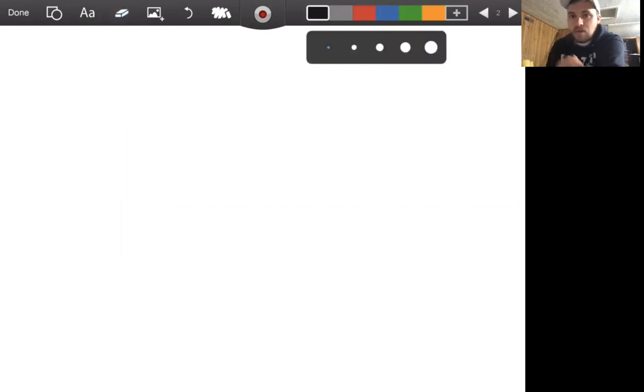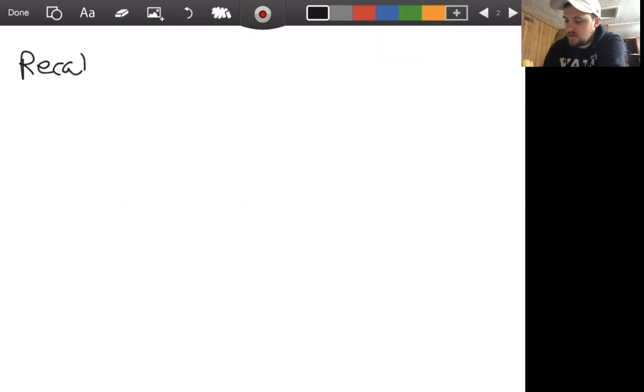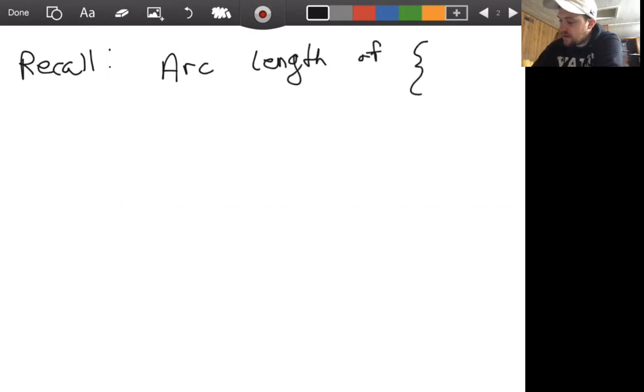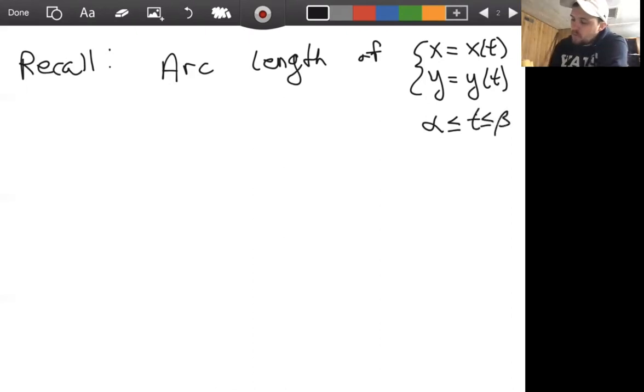Okay, so let's start with recalling how we can compute the arc length of a parametric curve. The arc length of the parametric curve x equals x of t and y equals y of t, for t between alpha and beta, was the following.